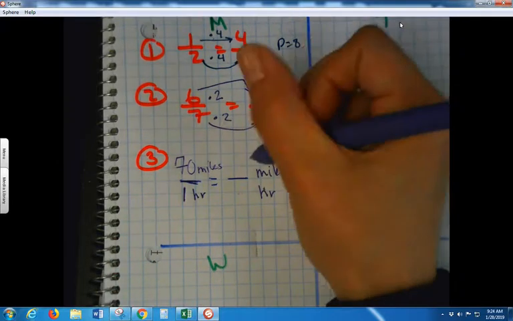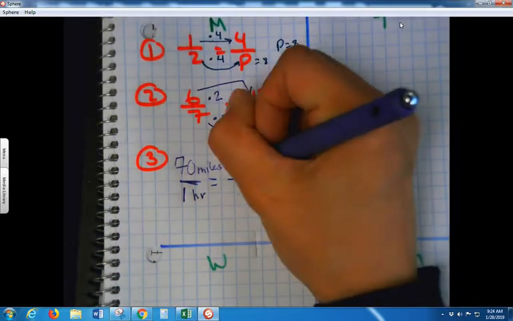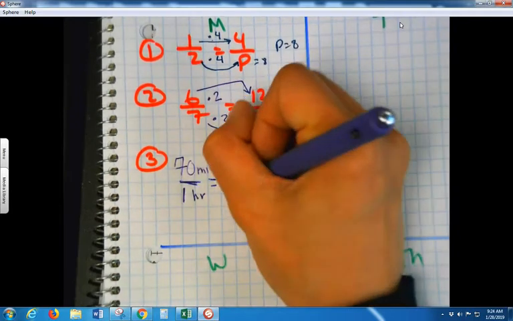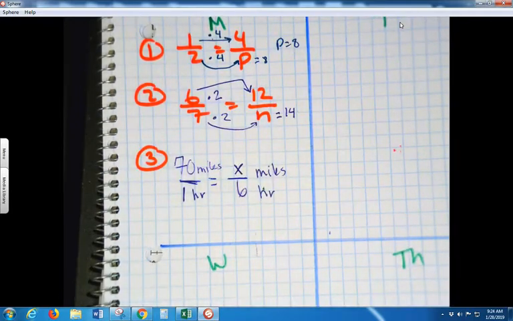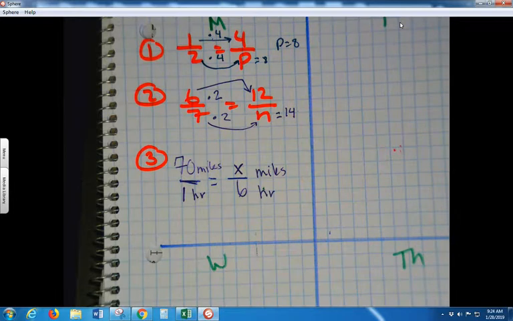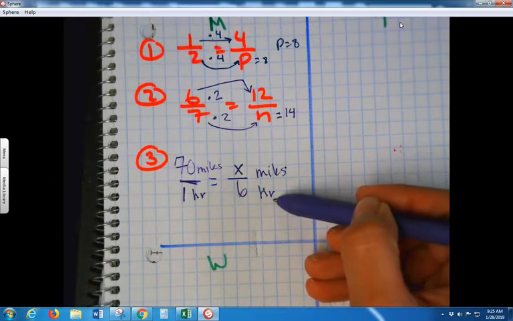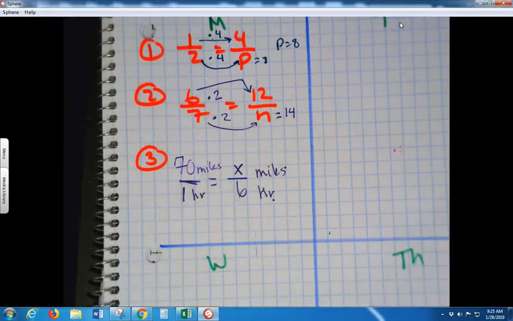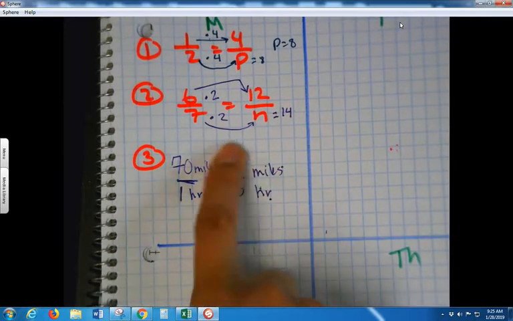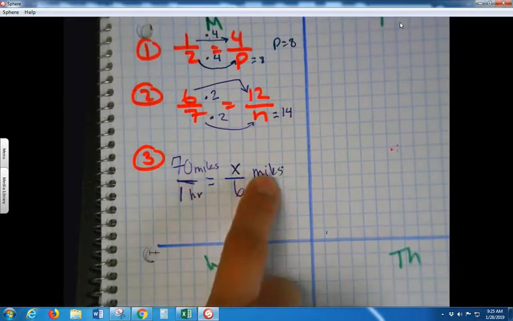Yep, a variable for X. And then a 6 for hours. If I read the question again, the second part of the problem says, how far do you go in 6 hours? Do you know how far? Nope, so I put an X. Do you know how many hours? Yes, 6. So this is a proportion. When you're taking a test, this is half of the answer. Just writing this. So don't skip it.